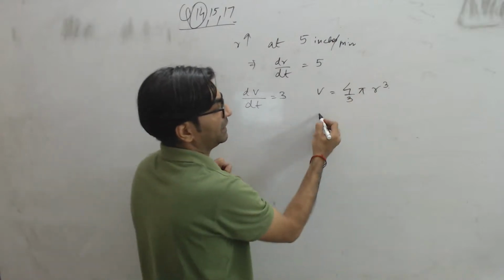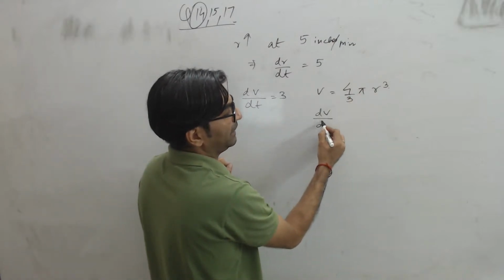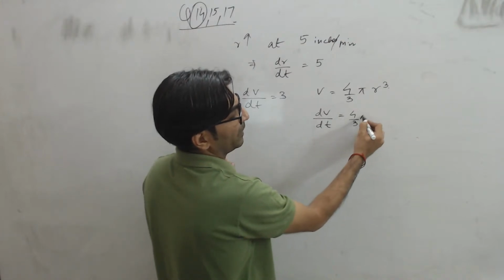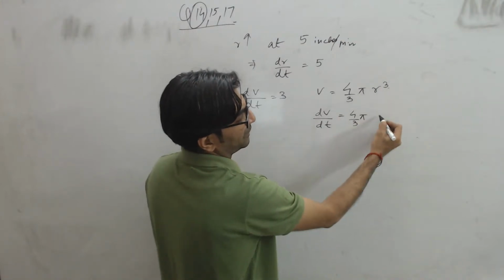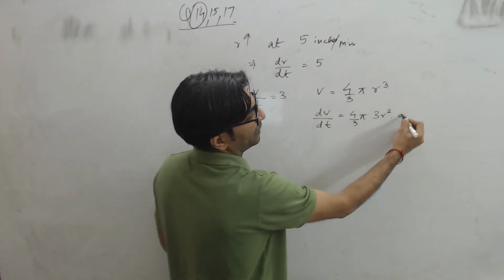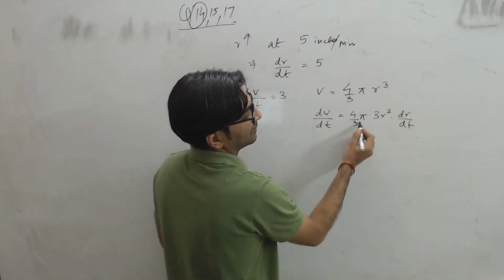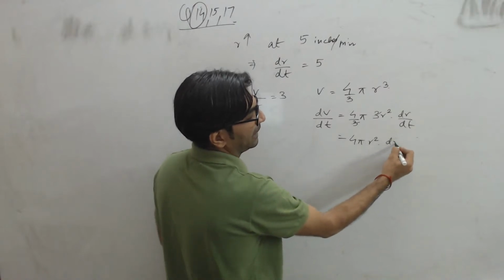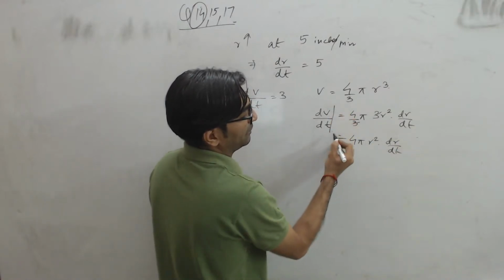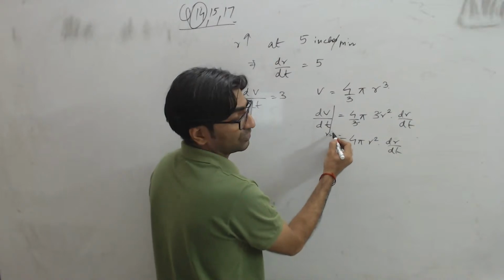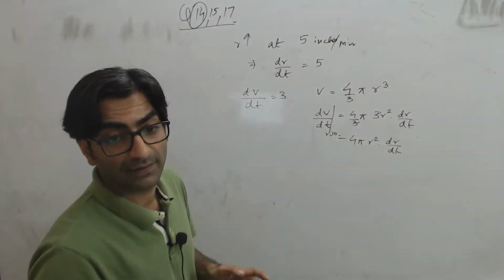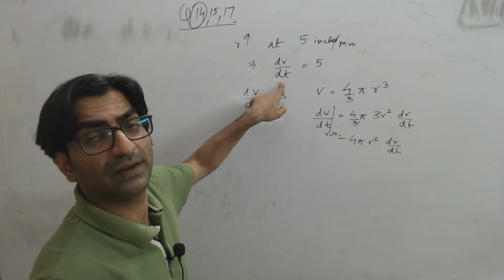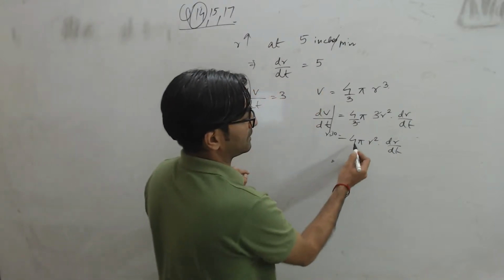So if I want to differentiate this with respect to t, dV by dt will be equal to 4 by 3 pi. Differential of this with respect to t will be 3r square into dr by dt. So 3 and 3 gets knocked off. This becomes 4 into pi r square into dr by dt. You want the value of this function when r is equal to 10. Right? And given that the rate of change of the radius is constant, 5, I can substitute both values.